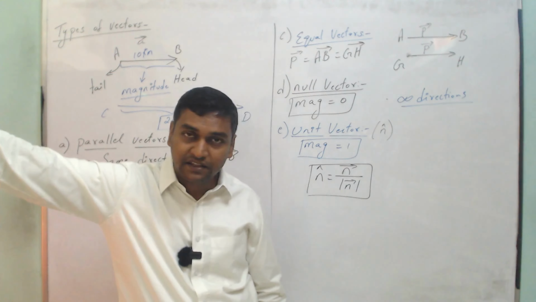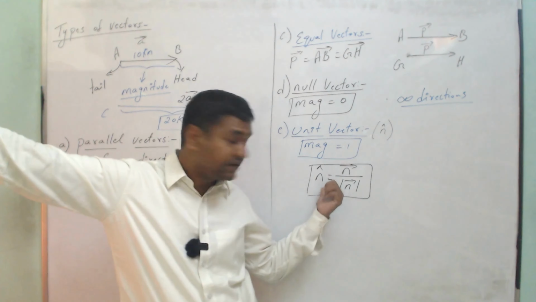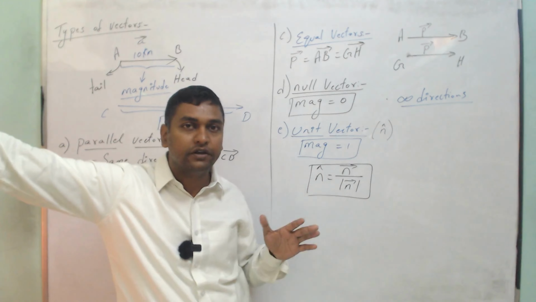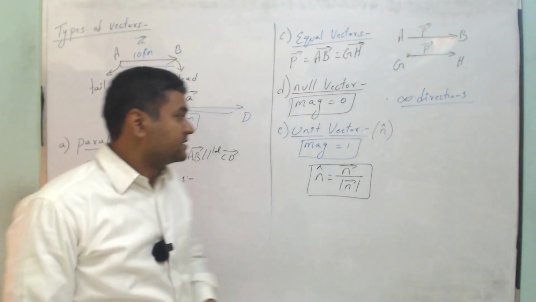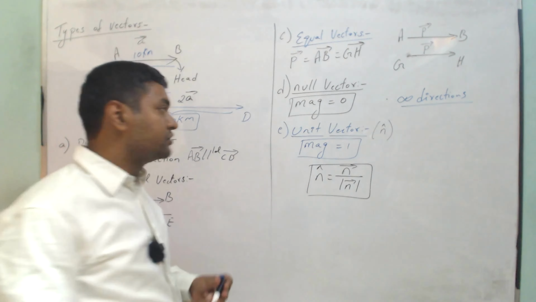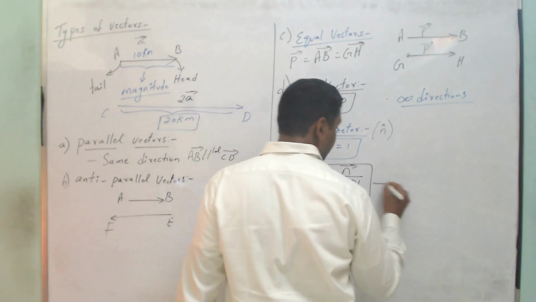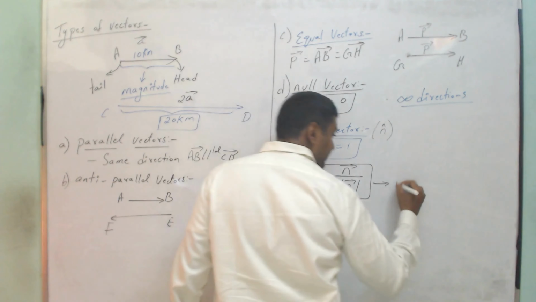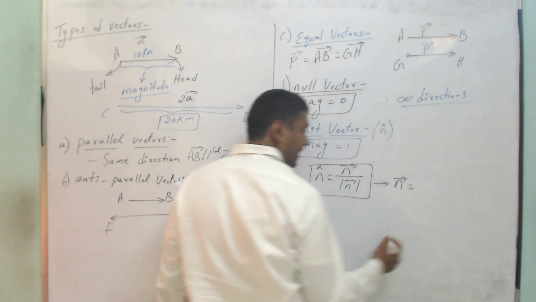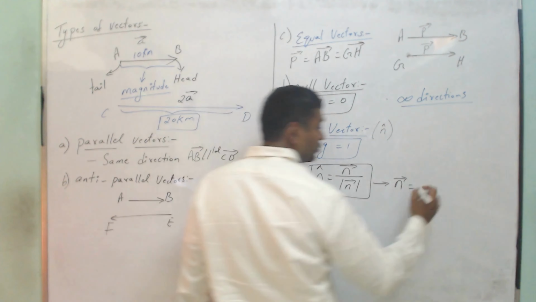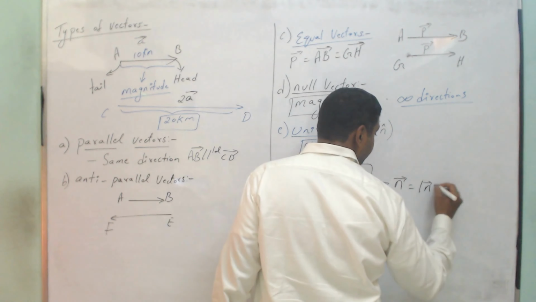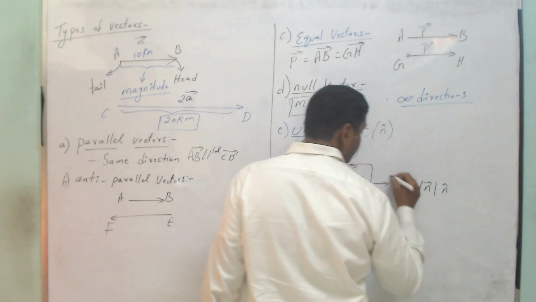Okay? This mathematical definition is important. Why? Because now I can rewrite the same thing: cross multiply, and I can write any vector as the magnitude of that vector times the direction of that vector.